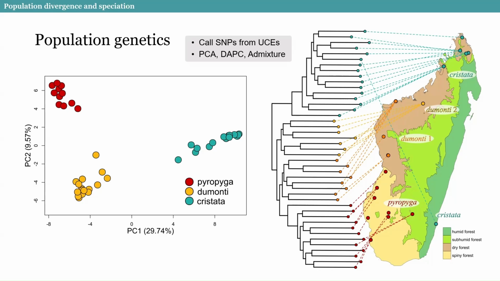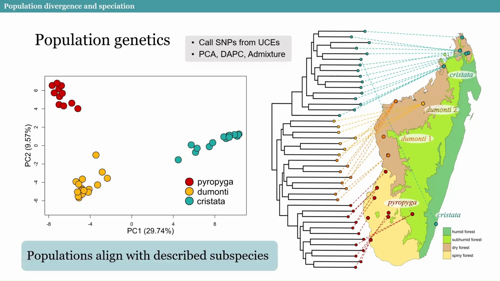What was a little bit surprising is that the most divergent group, the one that was different on this first primary axis of variation, Cristata, is the one that lives mostly in the far north and then a little bit down the east coast. And it's not the one that looks the most different, that had previously sometimes been considered a separate species. That southwestern one is more closely related to the other western subspecies instead.